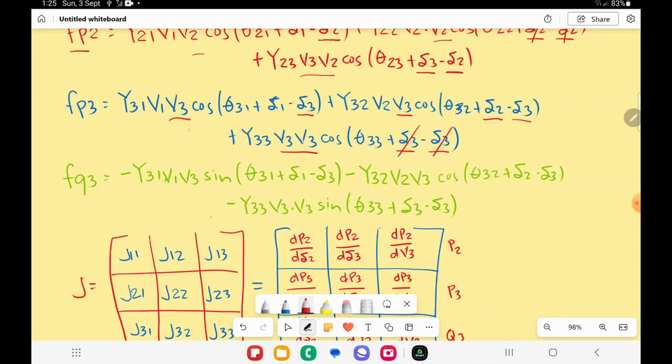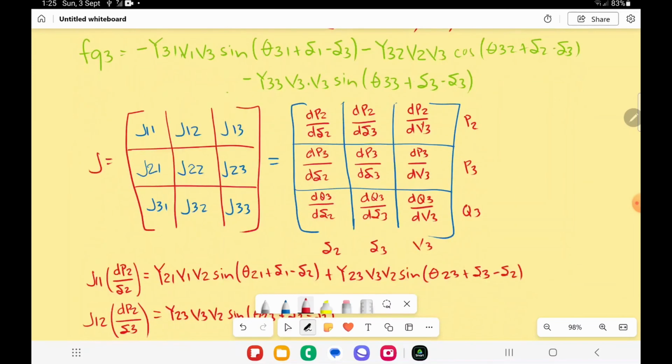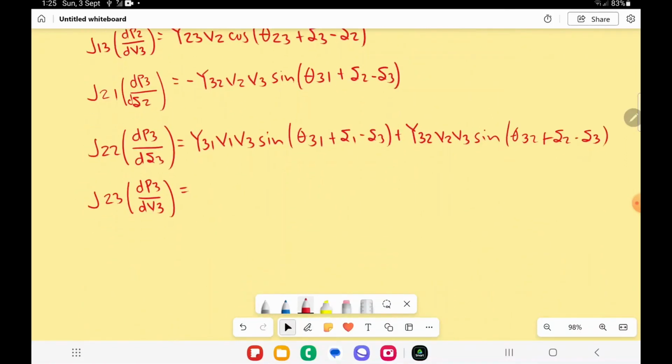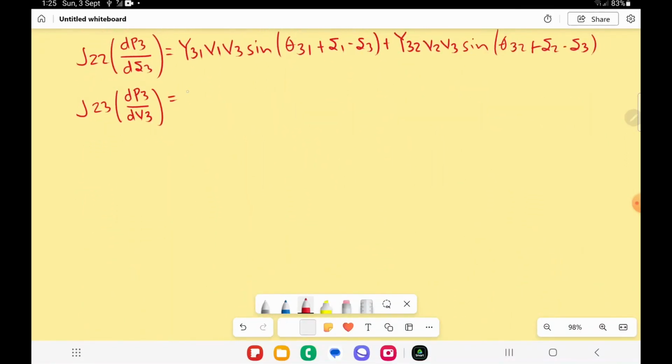So for the first term, we have y31 b1 cosine theta 31 plus delta 1 minus delta 3.